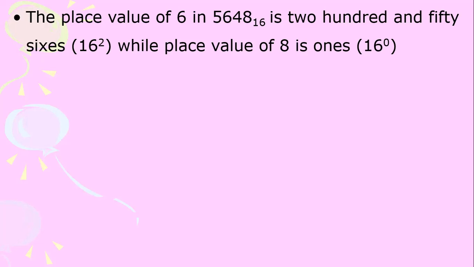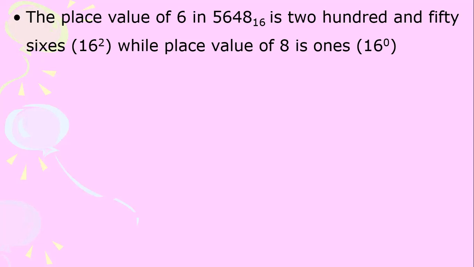So the place value of 6 in 5648 hexadecimal is 256. Why? Because it is 16 raised to power 2. For 8, it is 16 raised to 0. For 4, it is 16 raised to 1. For 6, it is 16 raised to 2. For 5, it is 16 raised to 3.